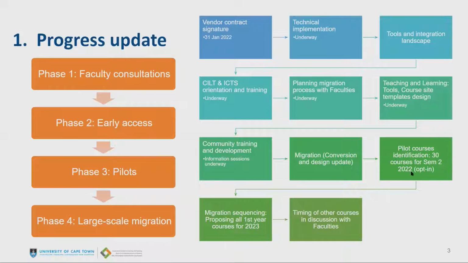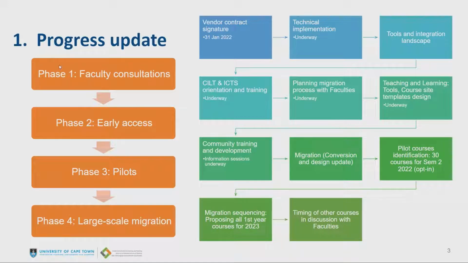So we've identified some pilots. At the moment, according to our last check, there were 30, but I know 2 more signed up this morning. The proposal at the moment is that all first-year courses migrate in 2023, and that the timing of other courses will be done in discussion with particular departments and faculties in order to accommodate issues such as what did they sign up for pilots, what's the capacity in faculties, and so on.